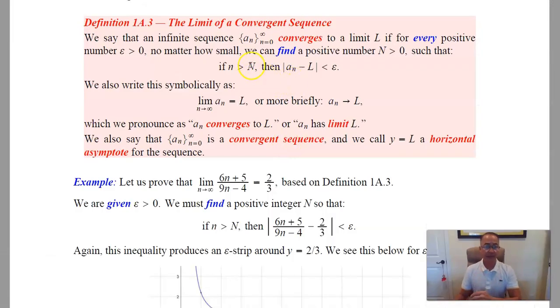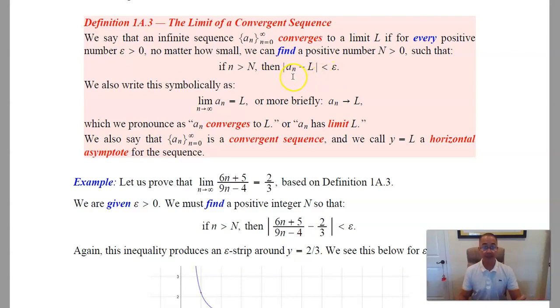All right, so this is patterned just like our limit for a function. We will say that an infinite sequence converges to a limit L if for every positive number epsilon, no matter how small, we can find a positive number capital N, so that if little n is bigger than capital N, then the absolute value of a sub n minus L is smaller than epsilon.